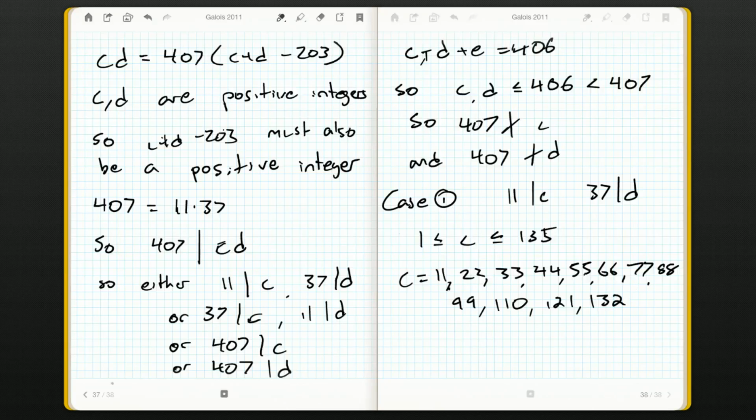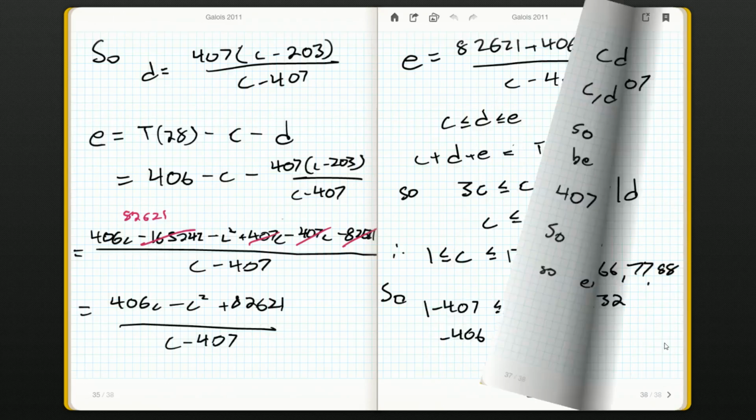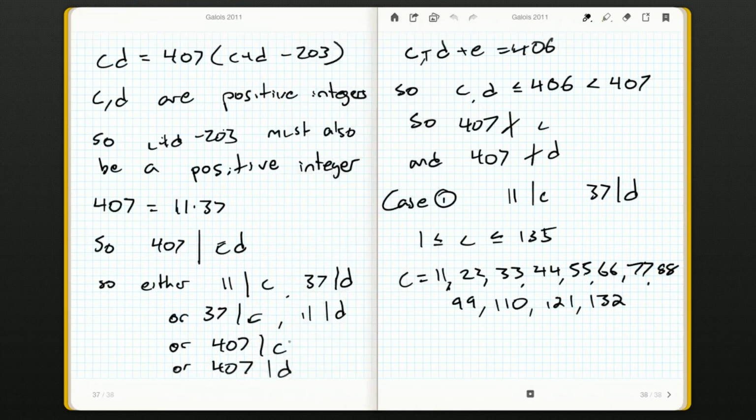Or we could use our equation of D in terms of C. That's 407 times C minus 203 over C minus 407.